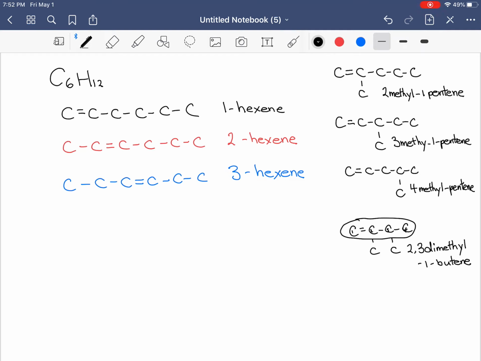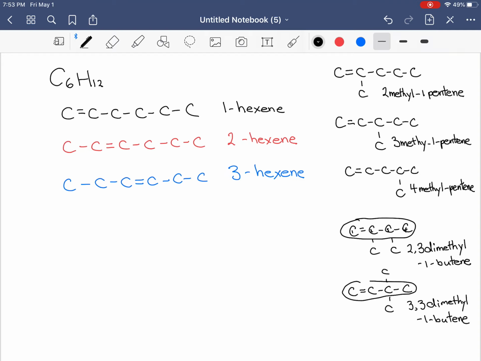Do you think there's another 1-butene? Yes, there is. Look at that. 3,3-dimethyl-1-butene.